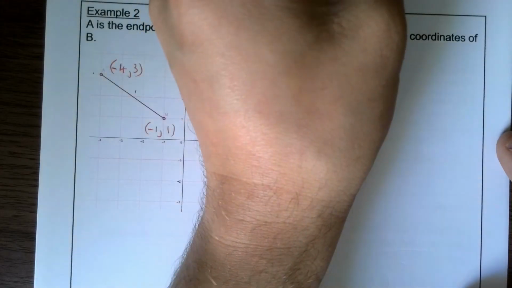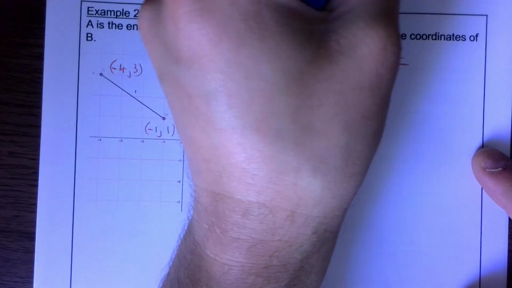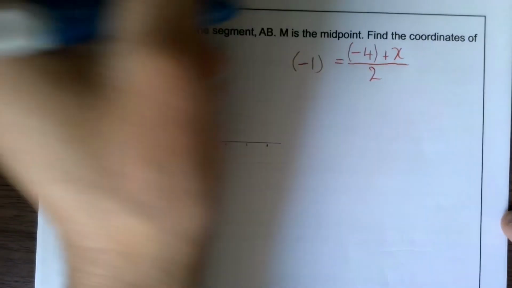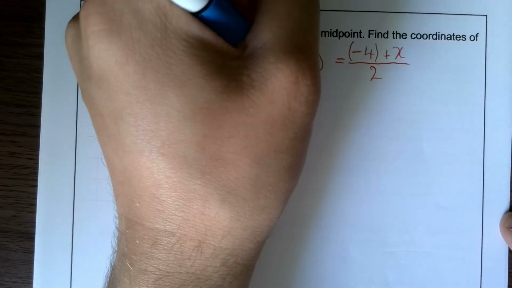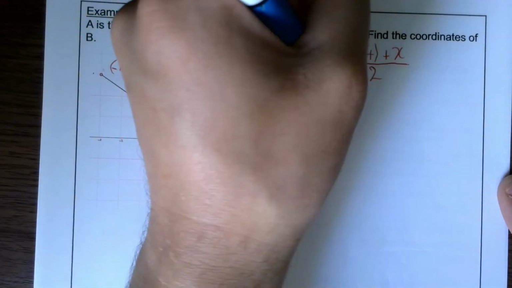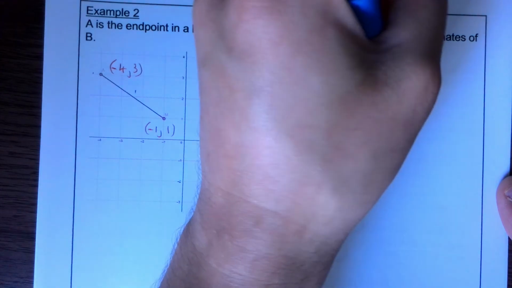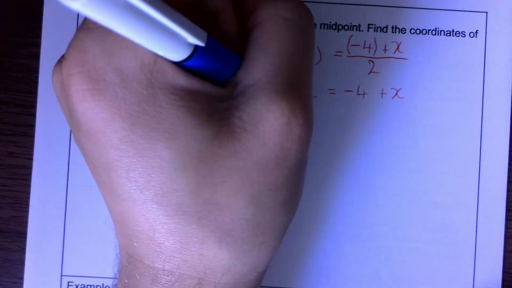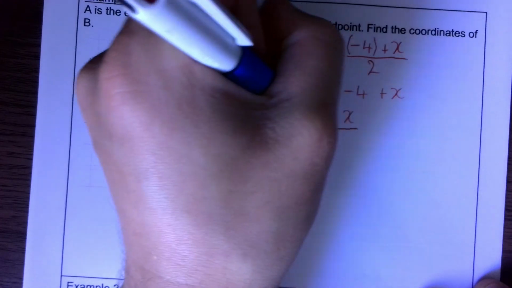We could even just leave that as x now. Just say we're looking for x over 2. Okay. So balance this one, multiply both sides by 2, I get -2 equals -4 plus x. I'm going to add 4 to both sides, so I get -2 plus 4, that's going to be 2 equals x. So there's one coordinate for B.